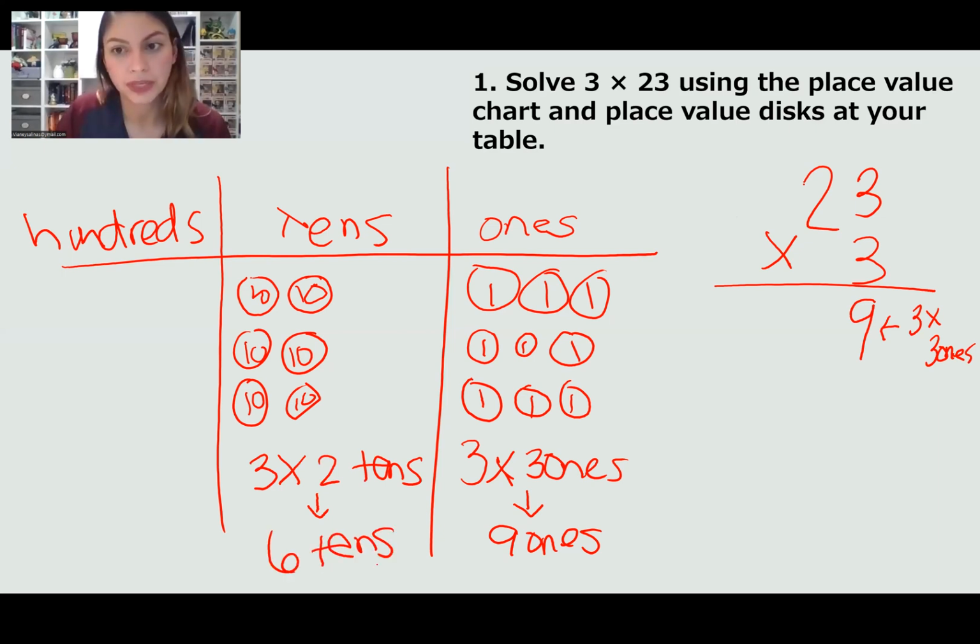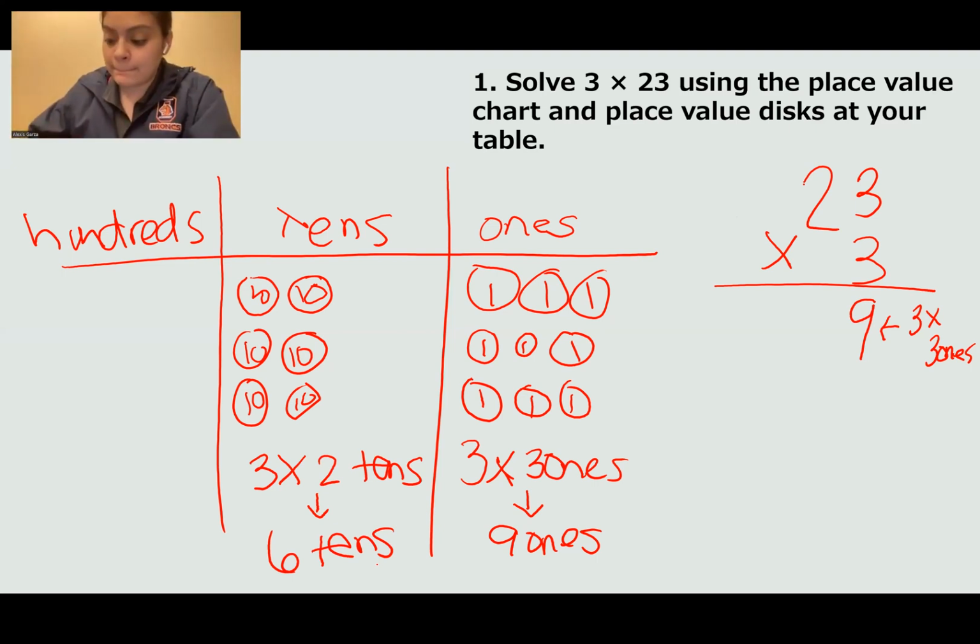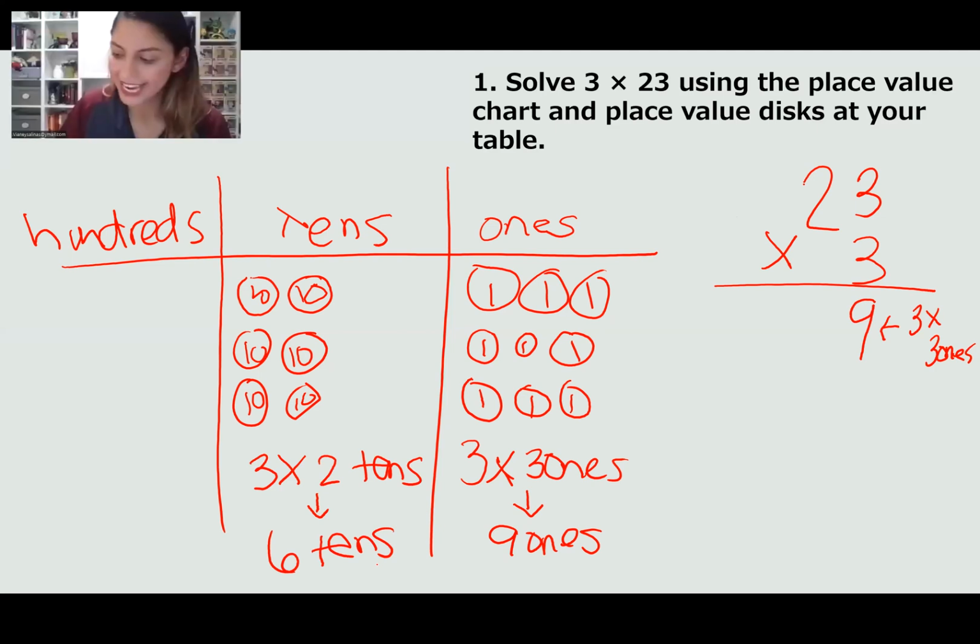On our vertical expression, we're doing the same thing. We're going to multiply 3 times 2 tens. What is 3 times 2 tens equal? 6 tens. Great. So we're going to write that as 60. And we got that by multiplying 3 times 2 tens.